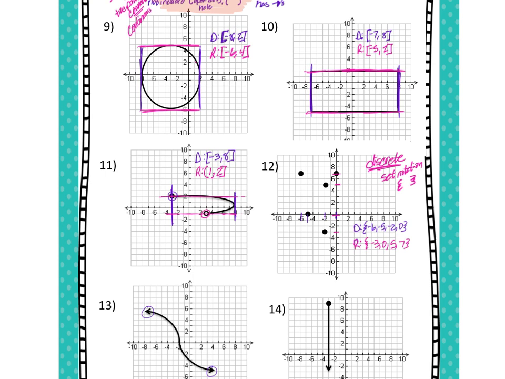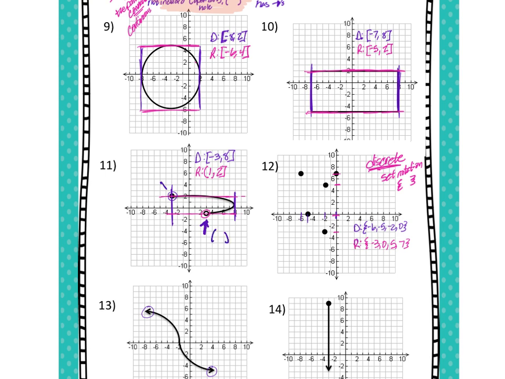And the whole thing about if it's a bracket or a parenthesis is if on my graph it has an open circle, so I'll show this one here. If it has an open circle, and it's my lowest or my highest point, or my furthest to the left or my furthest to the right point, then I'm going to use a parenthesis there.